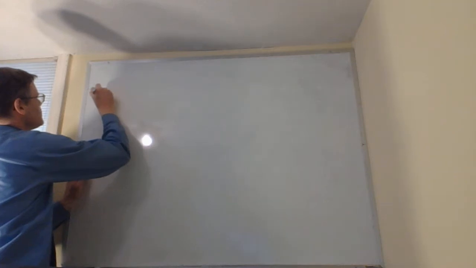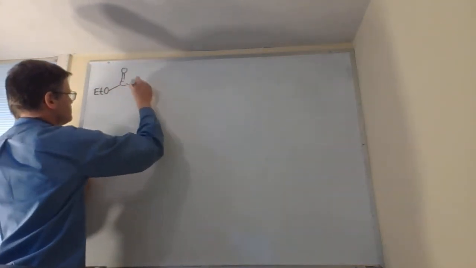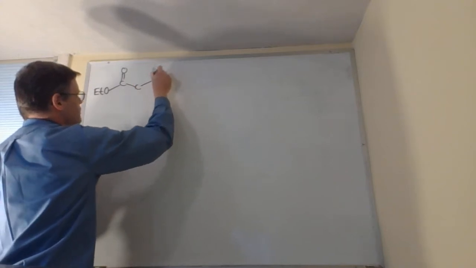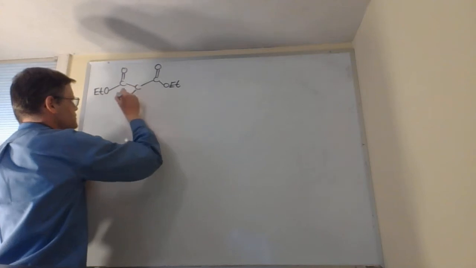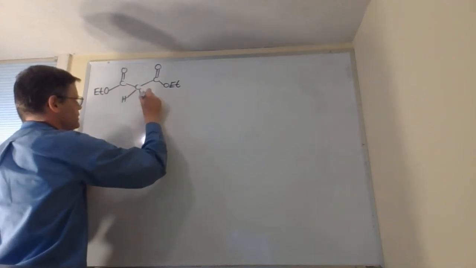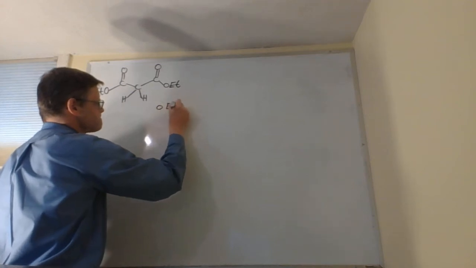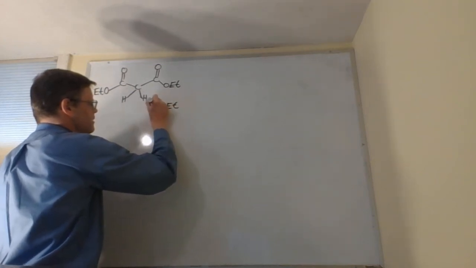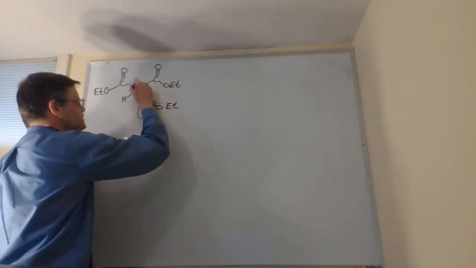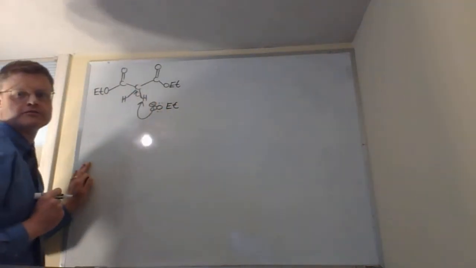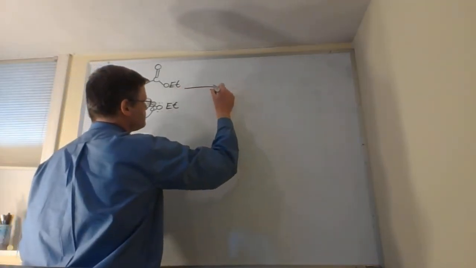So we're going to start up here with our malonic ester. It's called the malonic ester synthesis not because we're making malonic ester, but because we're starting with malonic ester. The first thing that happens is the ethoxide comes along and we pull off that hydrogen, and we form the enolate.